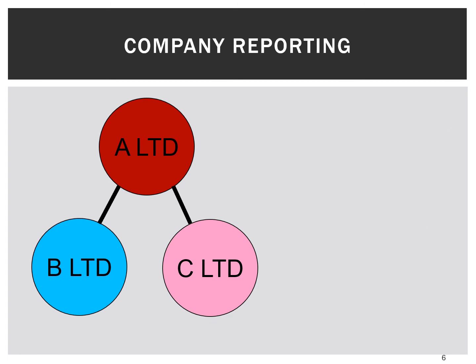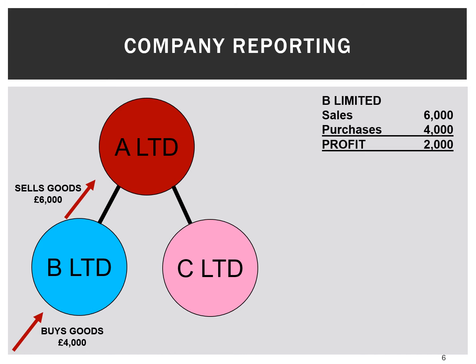So here we have our small group, and if we look at B Limited, the subsidiary, maybe B Limited buys goods from an outside supplier for £4,000, and B Limited might then decide to sell them to A Limited for £6,000, and in B Limited's own financial statements will be showing a profit of £2,000 after that transaction.